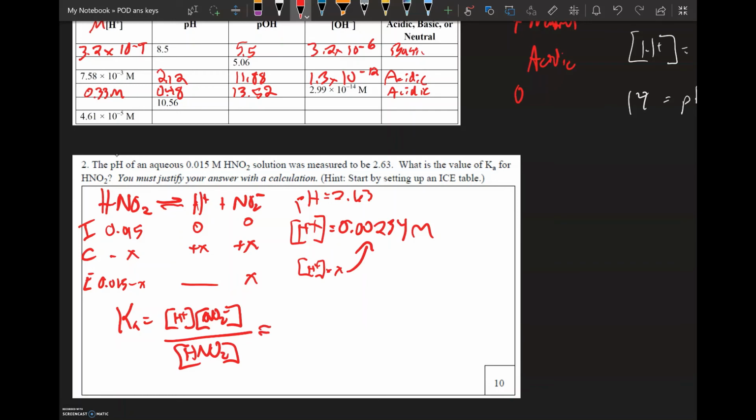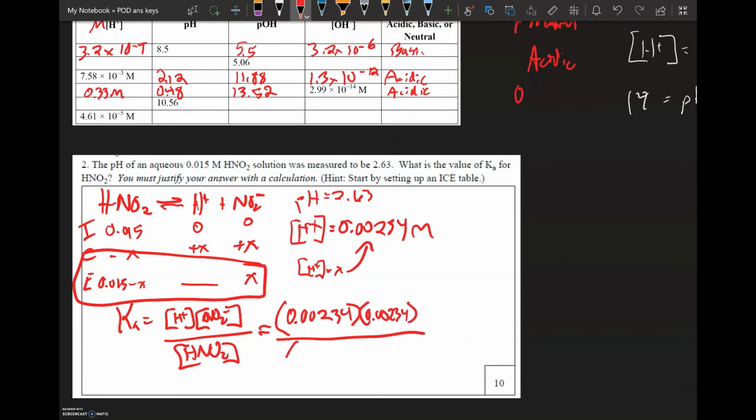So now we know that just based off of the equilibrium part here from the ICE chart, we have X and X on top divided by 0.015 minus X. Now that means that we're going to have 0.00234 times 0.00234 divided by 0.015 minus 0.00234. So we just input that into the calculator, and we go through the calculation.